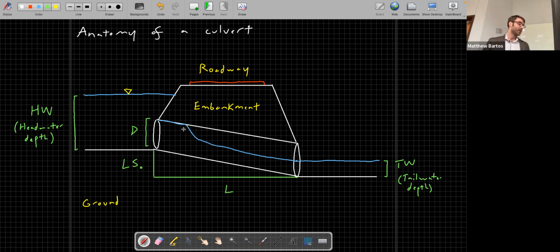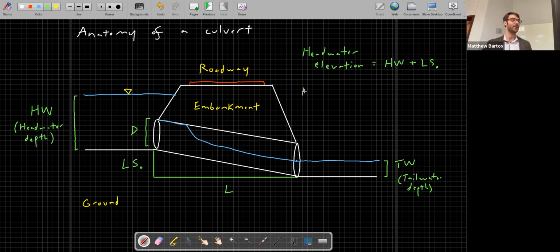Okay, so note here that HW, the headwater depth, just to be clear, this is the depth of the water at the upstream end. We can also have the headwater elevation. And this is equal to HW plus L times S naught, using the bottom as our datum.